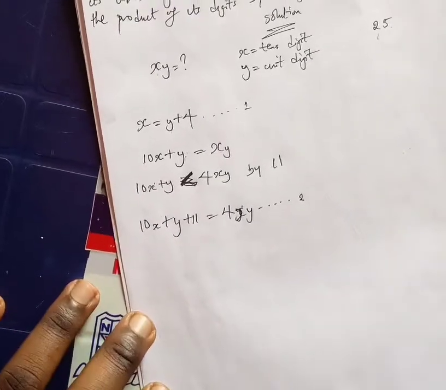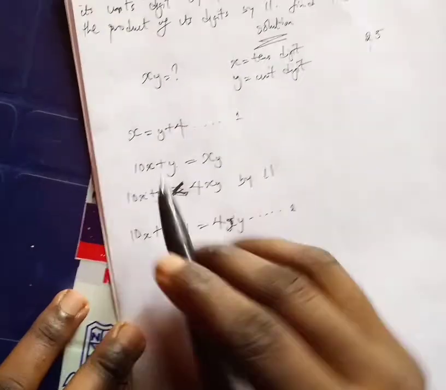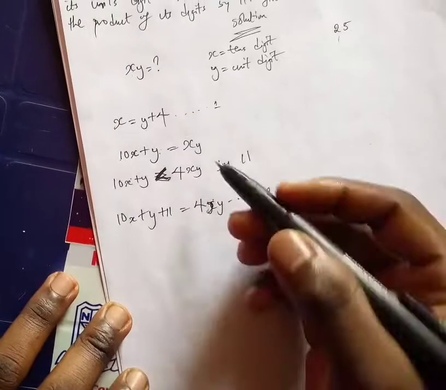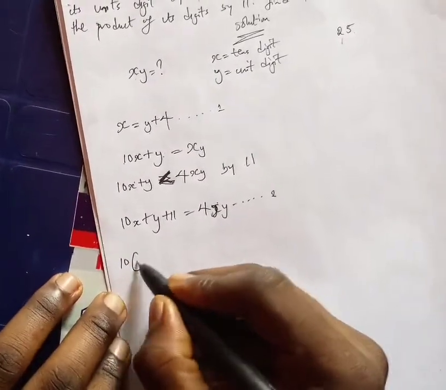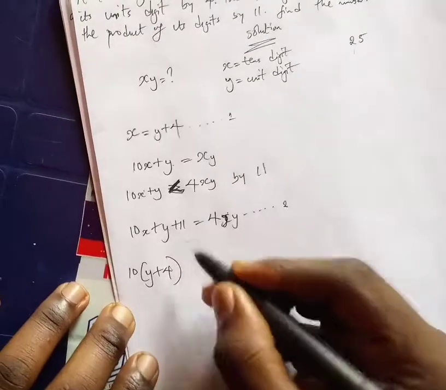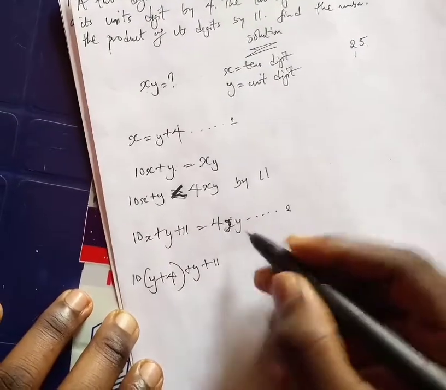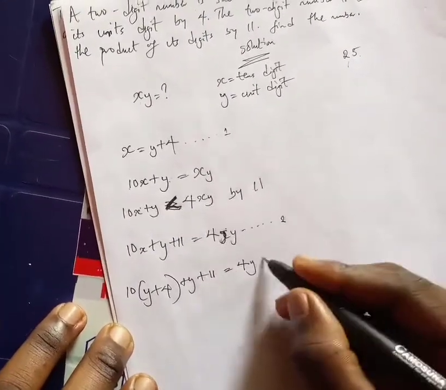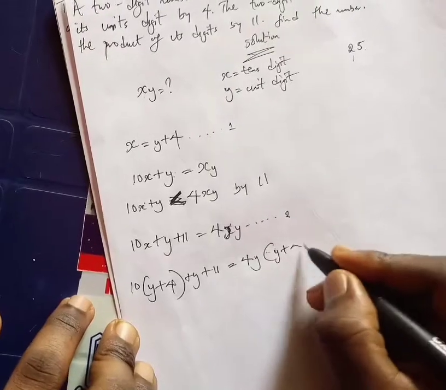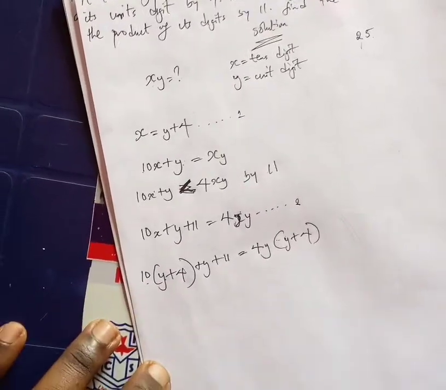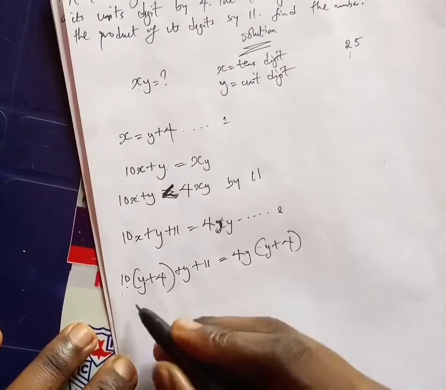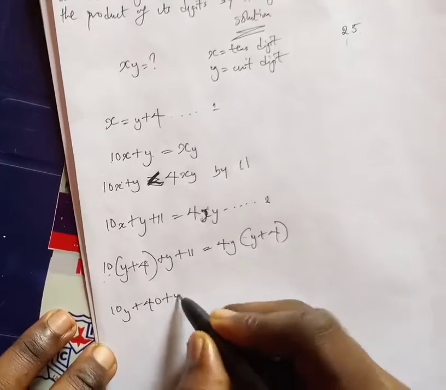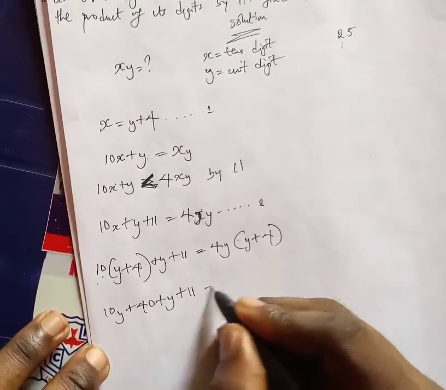Okay, now the next step is to try and solve. I know that my x is y plus 4, so let me just impute it. 10 times (y plus 4) plus y plus 11 will give me 4y times (y plus 4). 10 times y will give me 10y, 10 times 4 will give me 40, plus y plus 11.